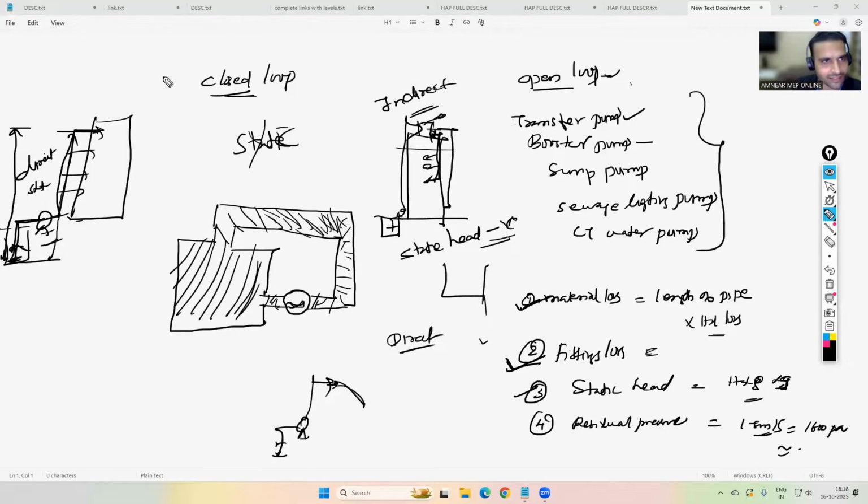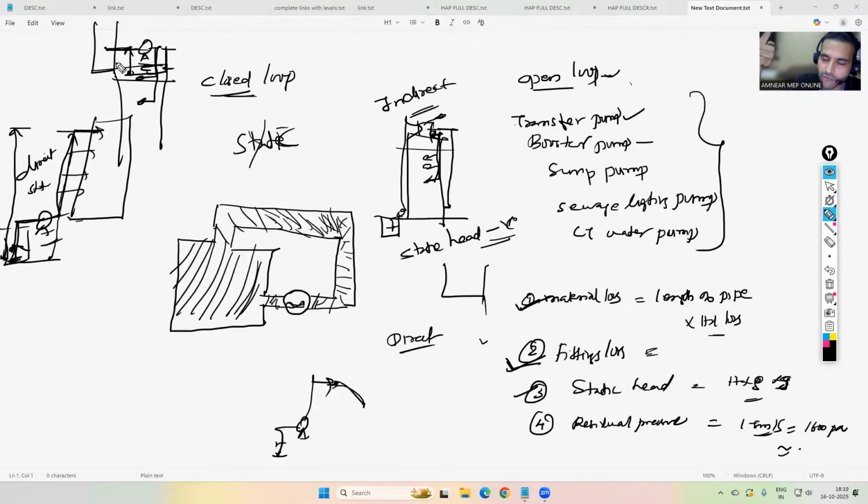But in an indirect system, the pump is located on the top side, and after that the pump is delivering downwards. That is called an indirect system. In an indirect system, for example, if it is a multi-story building and this is the topmost floor, and you have an overhead tank, due to the tank height and the pump location, here only we will get the very minimum gravity pressure.